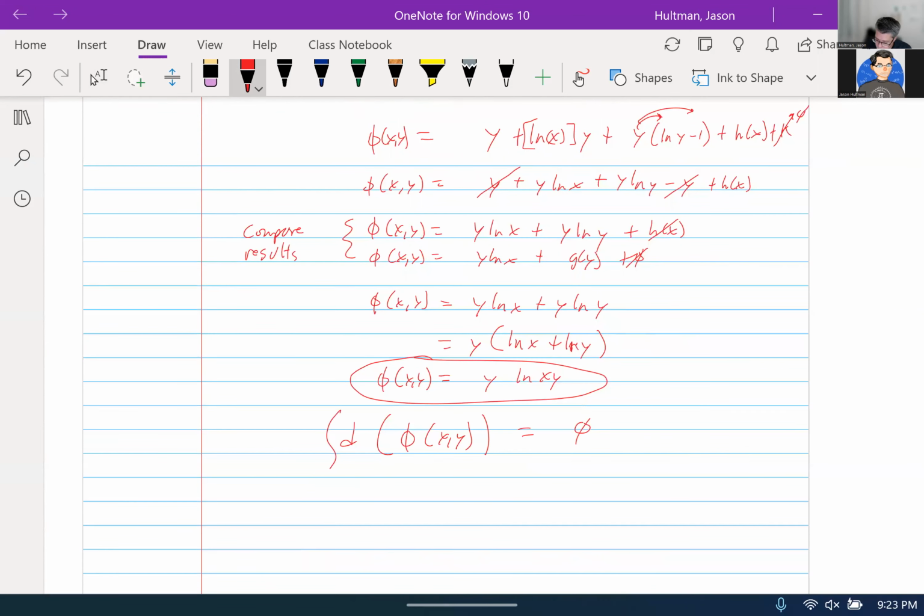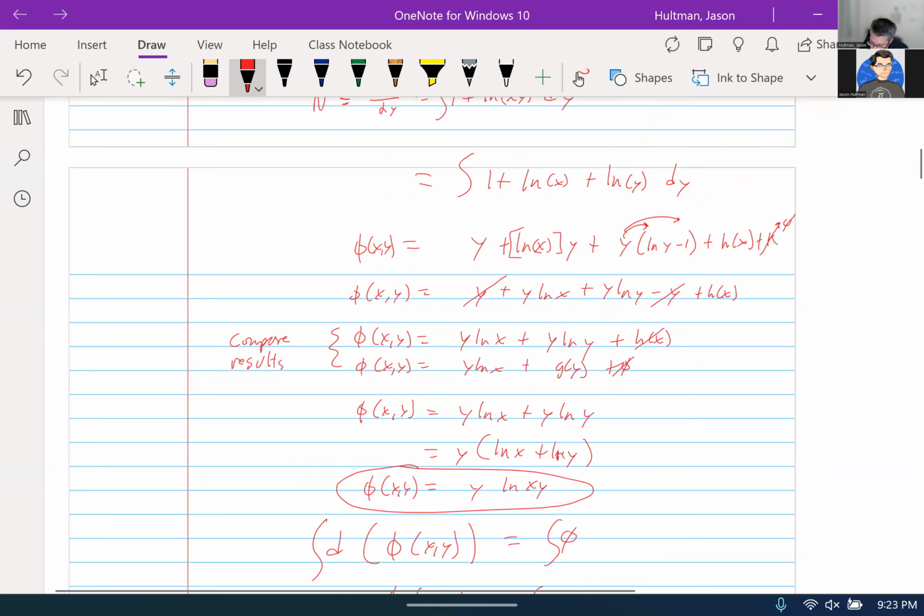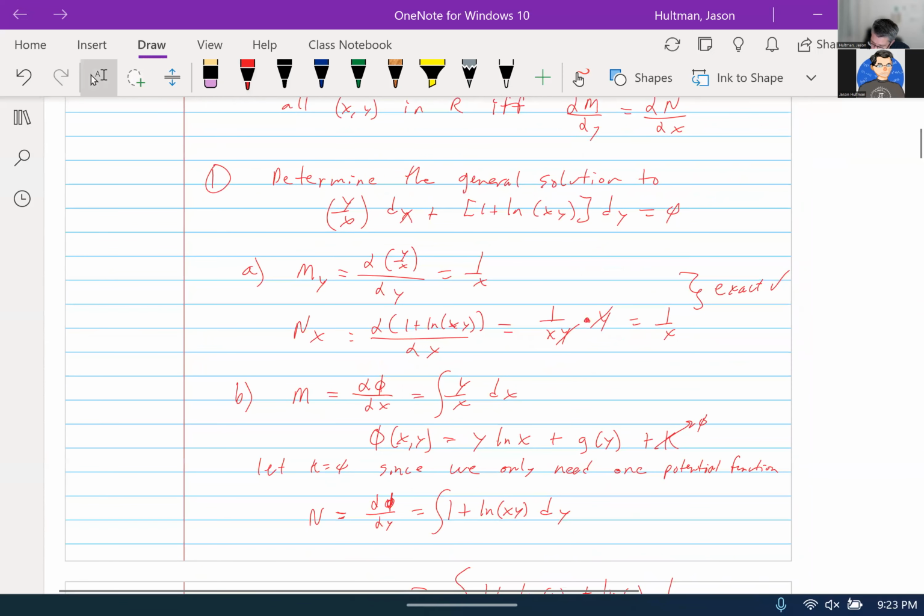Therefore, if I were to integrate, I would get the potential function of xy to be equal to a constant. Because going back to the original statement, that's the potential function that's going to get me the partial with respect to x and the partial with respect to y. But if I take the derivative of that, that equals 0.